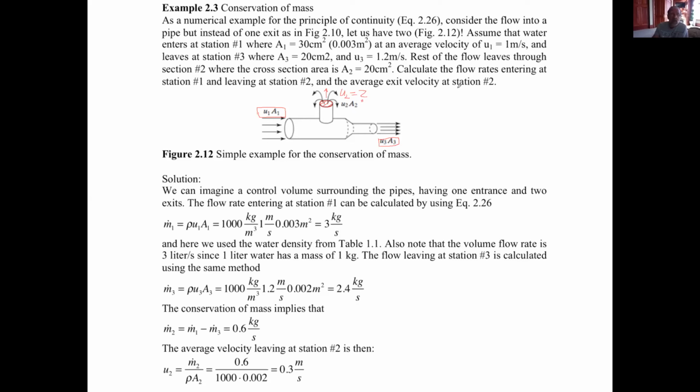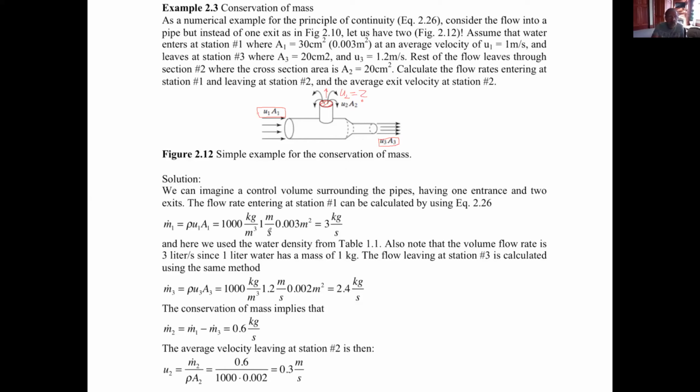So now we need to calculate the flow rate going in and the flow rate coming out. That's the difference. It depends on whether it's more or less, we don't know yet. And then the difference will go out or in, we don't know, okay? So what we need to calculate, oh, actually I'm using rho, using water, okay? So the mass flow going in, rho UA, is 1,000 kilograms per cubic meter, I'm doing everything in metric units.